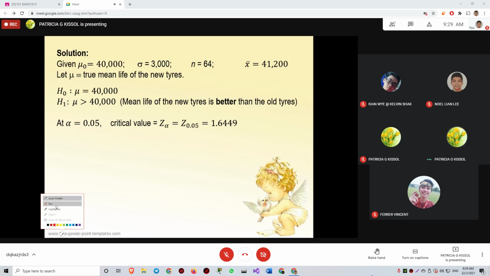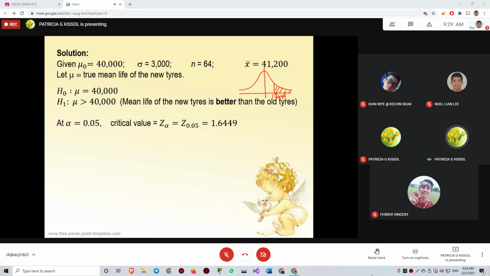And if we draw it, because it's a one tail, you would have a normal distribution, and basically it will be here. This would be our rejection area, and the value 1.6449 would be here.